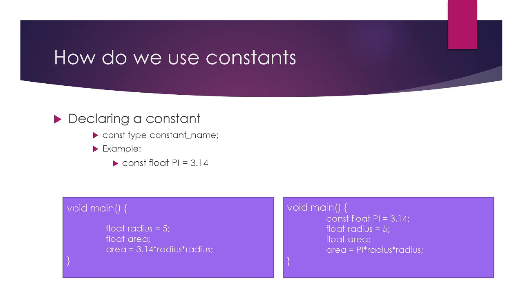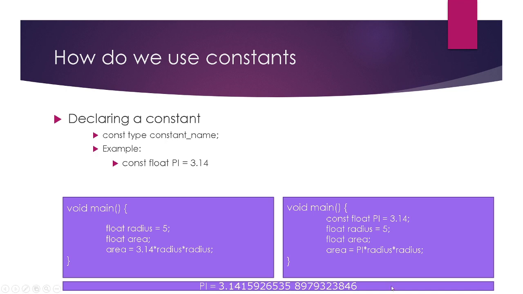Second advantage is, suppose I have a very long number or very long string, and I have to use it 10 times in my program. So I would have to write that long integer or long string 10 times in my program. But if I declare it as a constant, I can have a short name for it. If I'm writing it 10 times, I can use just that short name in the 10 places instead of having this really long number.